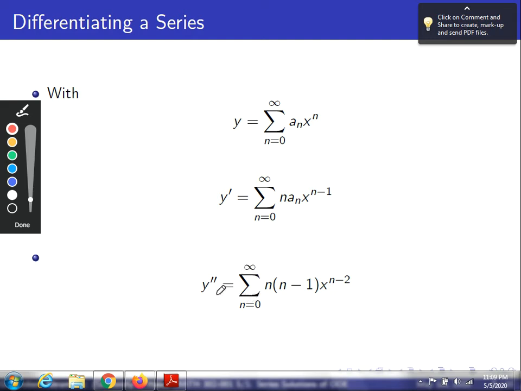Okay, y double prime, n times n minus 1 times x to the n minus 2. This is 0 when n is 0. It's also 0 when n is 1. So that means we start when n is equal to 2. And again, this term here is x to the n minus 2, so all our terms look like x to the 0, x to the first, and above. So these y prime and y double prime are also power series.